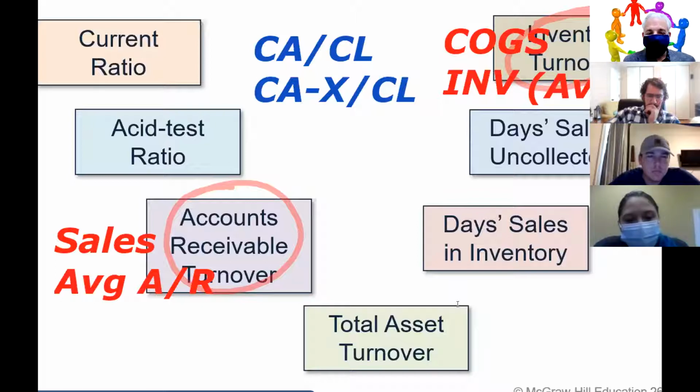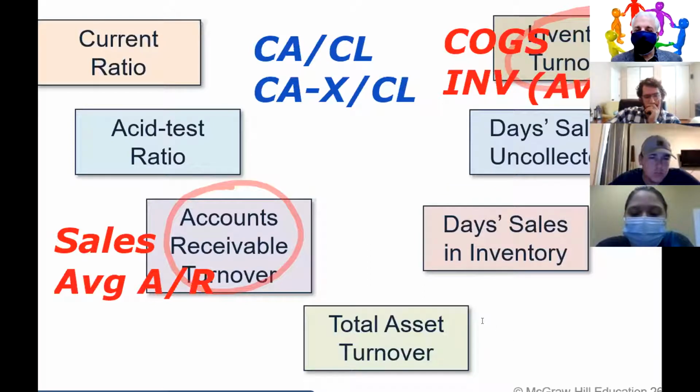And then we have total asset turnover. This one, I need to figure out how many times I have sold my assets. So I've got sales and I've got assets. Now, this is not a case of which is a bigger number. This is a case of how many times did I sell my assets. So if I had $10 million in assets and I had $20 million in sales, I would sell my assets twice.